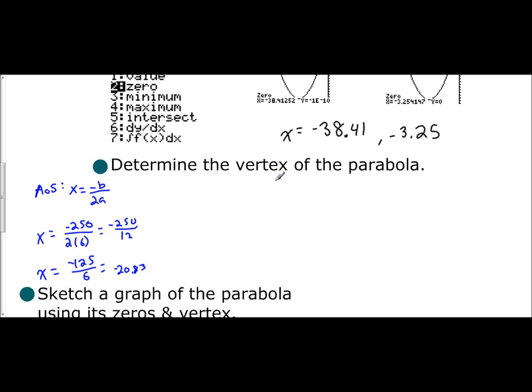And so if I want to find the vertex, I'm going to rely on plugging that value into my original function, which was y equals 6x squared plus 250x plus 750. And so the x value I'm plugging in is negative 20.83.